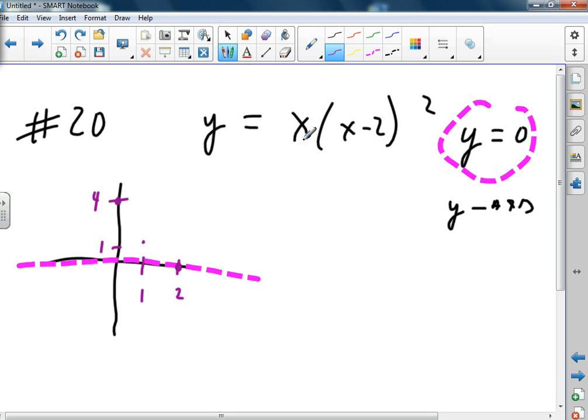But when x is 0, y is going to be 0. When x is 2, y is going to be 0. When x is 1, y is going to be 1. So it looks like it's going to do something like this. But then when it gets here, it probably does something like that, right? Because it can't go negative. As x gets bigger, it can't go negative.